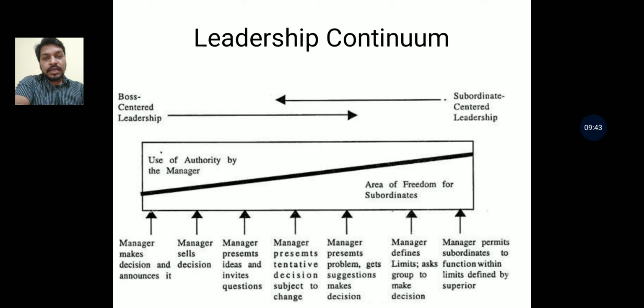As an employee inside a company keeps aging, as his number of years increases in the company, and he assumes more and more challenges and responsibilities, his area of freedom will keep increasing, and the authority of the managers over this employee or leader will keep decreasing. So that is the leadership continuum theory for you: the area of freedom will keep increasing over time and the area of authority will keep declining over time.